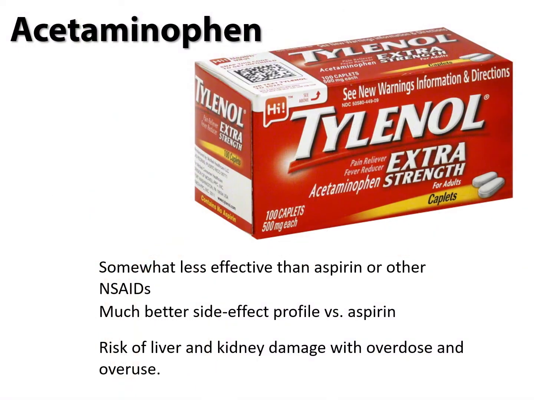A very highly used drug that has a relatively good profile in terms of benefit to side effect is acetaminophen, also known as paracetamol if you're in the UK or in any of the current or former British territories. Not quite as potent as aspirin or ibuprofen or naproxen, but it doesn't have the side effect profile like, for instance, kidney damage or liver damage like you could have, or GI upset that you have with aspirin.